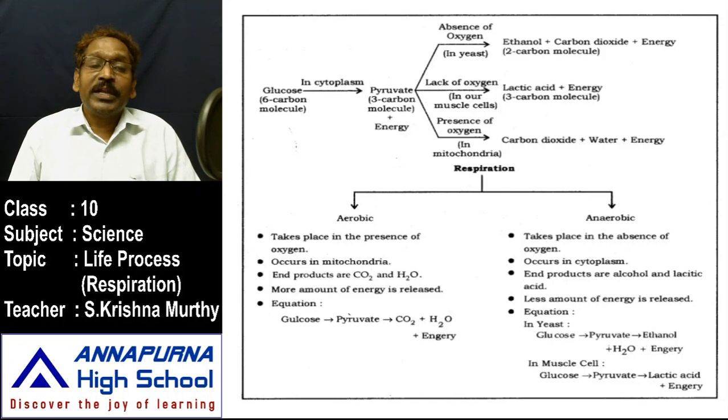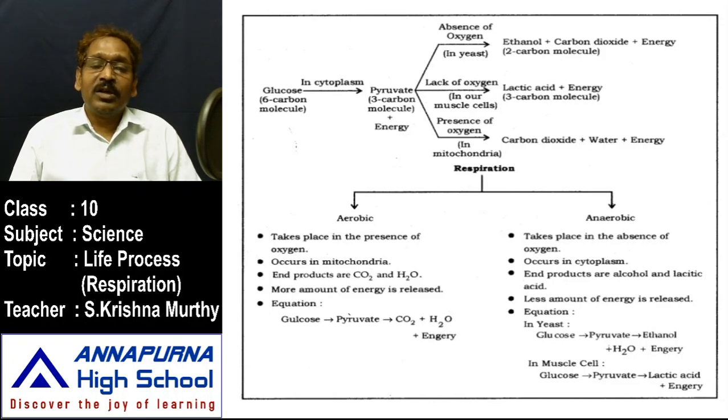The end products of aerobic respiration are energy, carbon dioxide and water vapor. Also, in the presence of oxygen, aerobic respiration releases a huge amount of energy compared to anaerobic respiration.